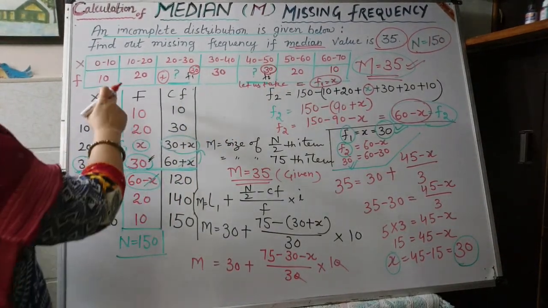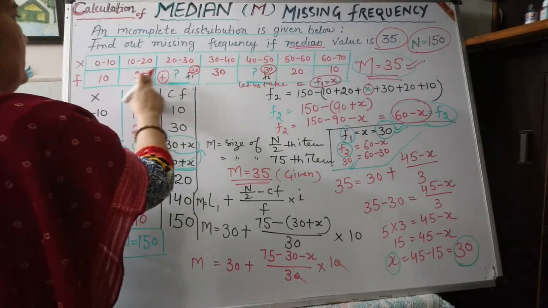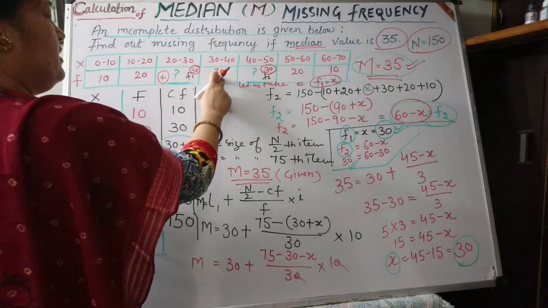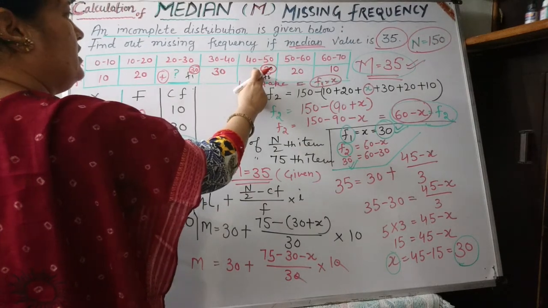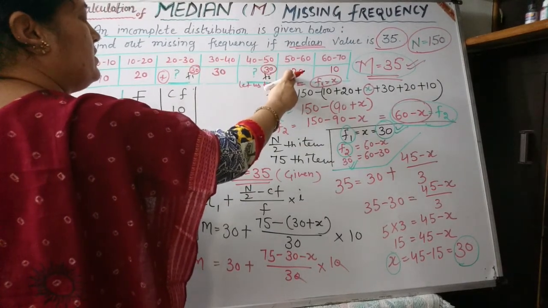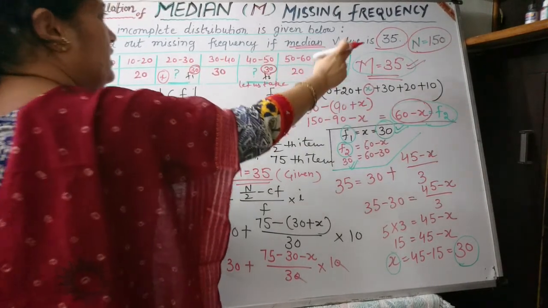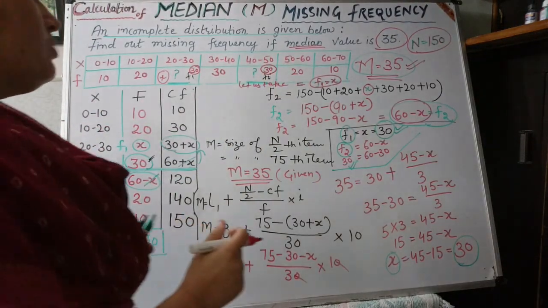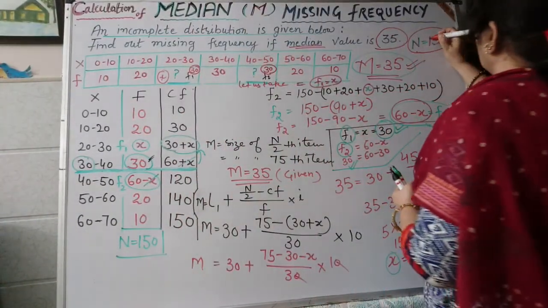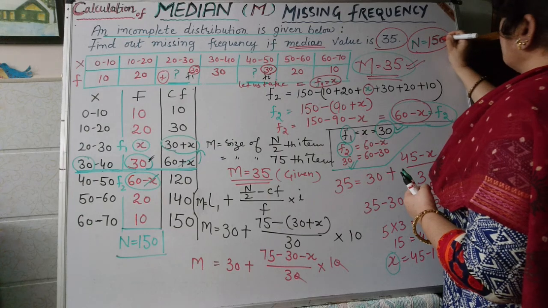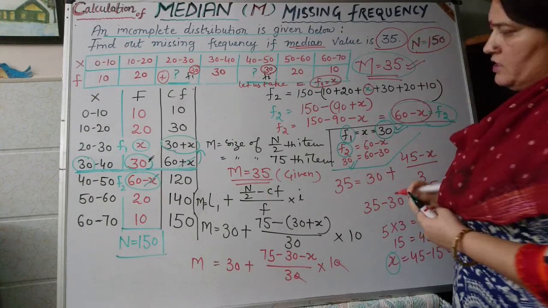Now let us sum up all the values. 10 plus 20 is 30, plus 30 is 60, plus 30 is 90, 90 plus 30 is 120, 120 plus 20 is 140, plus 10, total that should be equivalent to 150. It means we have checked that our answer is correct.